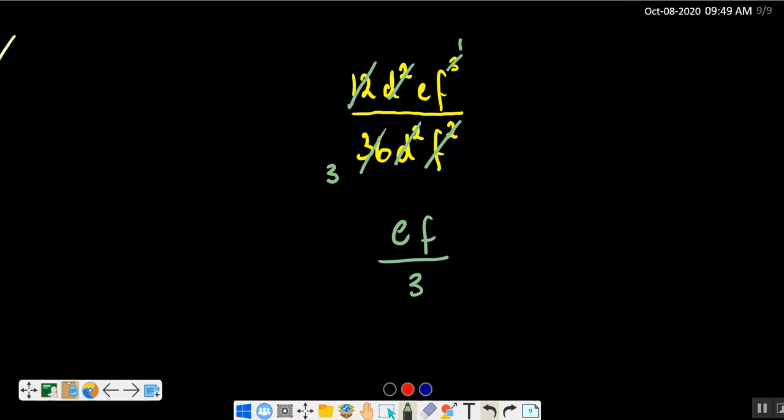Now, the problem with it is this one's fine. But sometimes what happens is, especially if you cross everything out on the top, people then think, well, what's on the top? If I've crossed everything out, what's left? And they think nothing. So they put a 0.